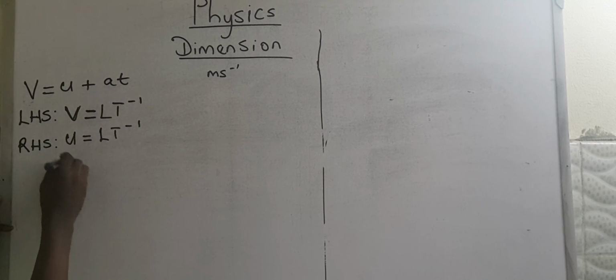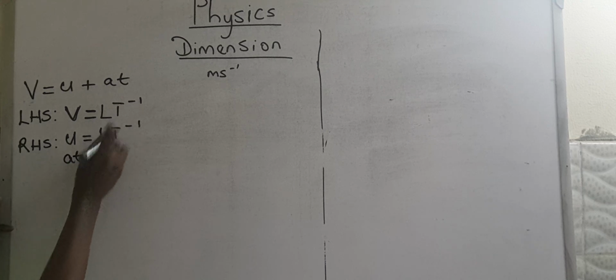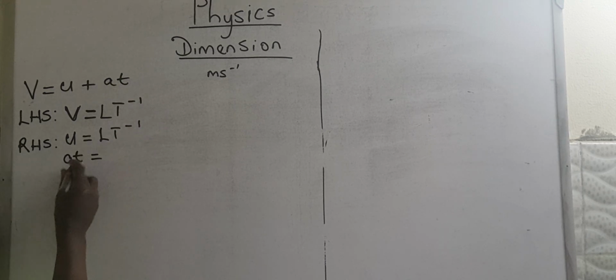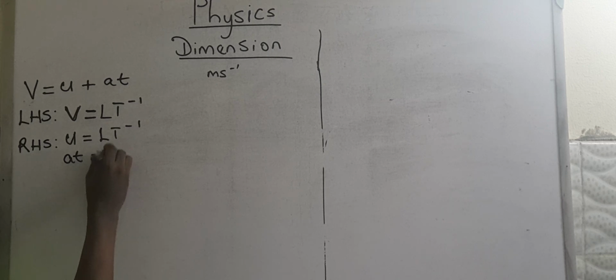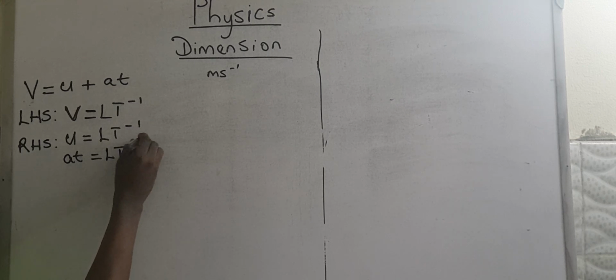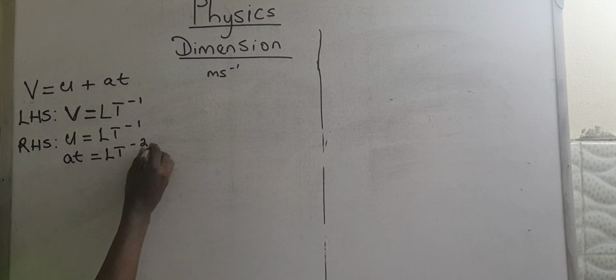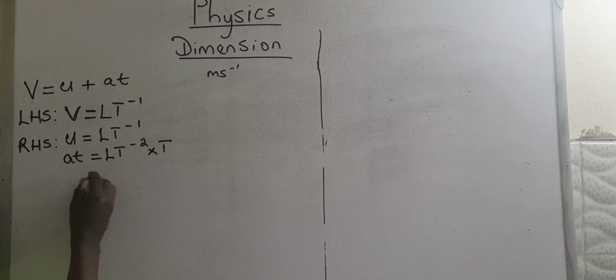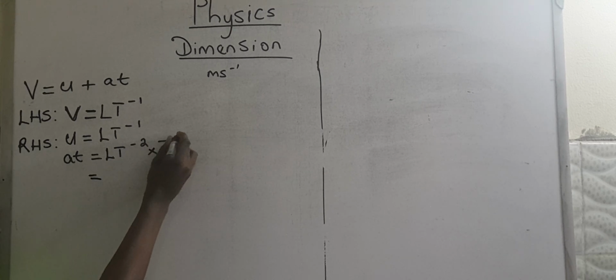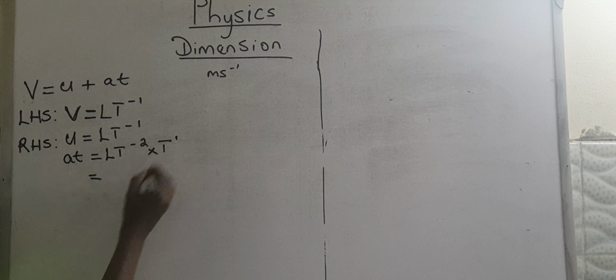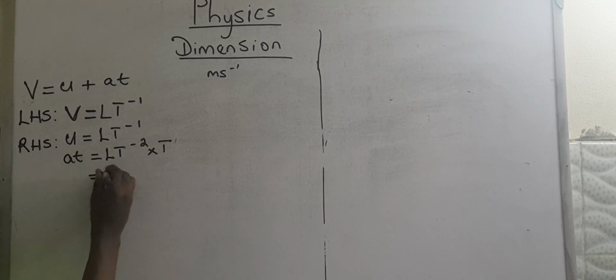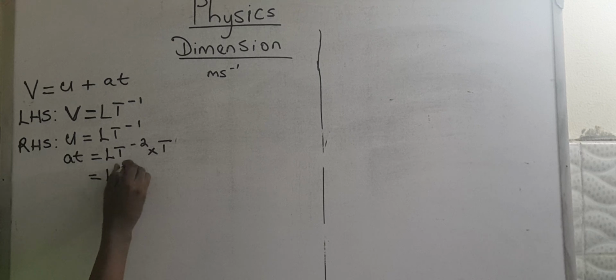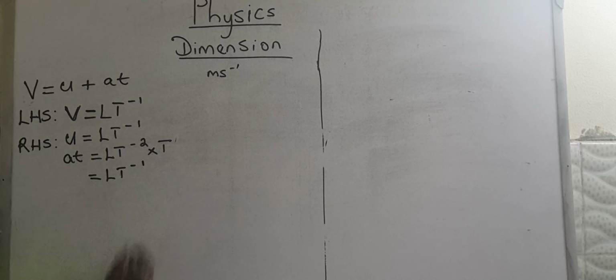So I have A times T, which is the term here. Now the dimension of acceleration, we did that earlier, is LT⁻² times time, T. So this is power 1 here. Remember, this is power 1. So minus 2 plus 1 will give me what? Minus 1. So I have LT⁻¹.